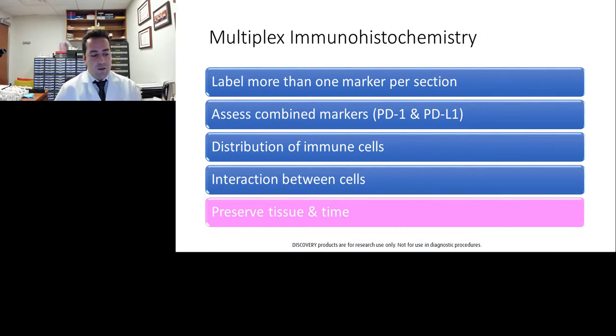There's been a growing demand in immunohistochemistry: if only we could label more than one marker per section, assess combined markers like PD-1 and PD-L1, or see the distribution of immune cells and the interaction between cells and molecules, while preserving tissue and time.